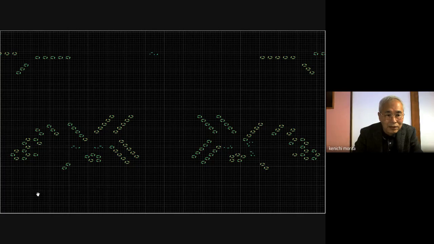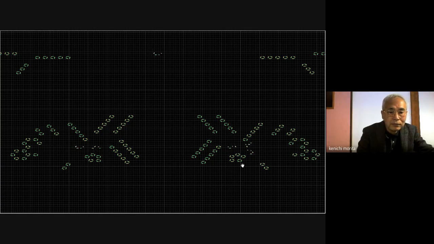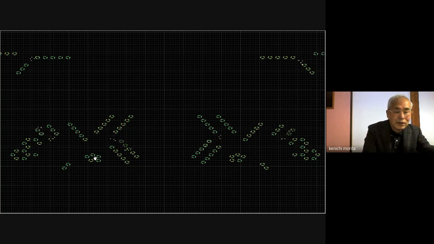This pattern on the left side is a glider gun, and this on the right side is a glider absorber. On the left side, from 2 gliders, 3 gliders are generated.